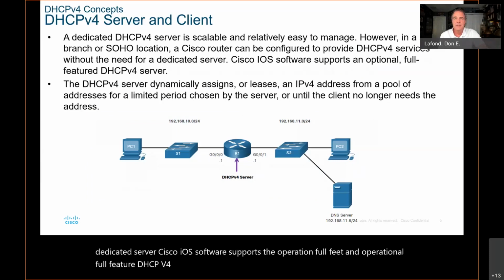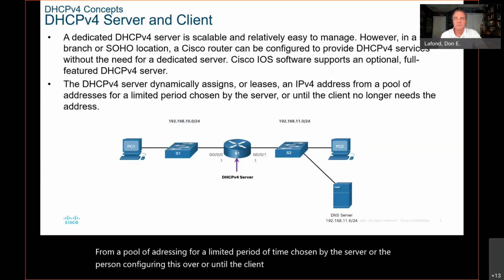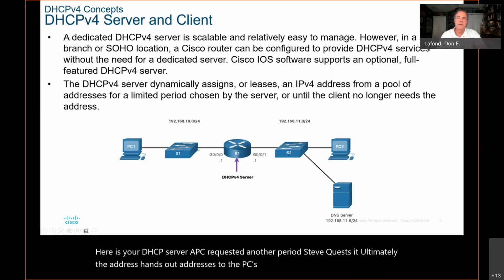The DHCPv4 server dynamically assigns or leases an IPv4 address from a pool of addressing for a limited period of time chosen by the server, or the person configuring the server, or until the client no longer needs the address. Here is your DHCP server, a PC requested, another PC requested.